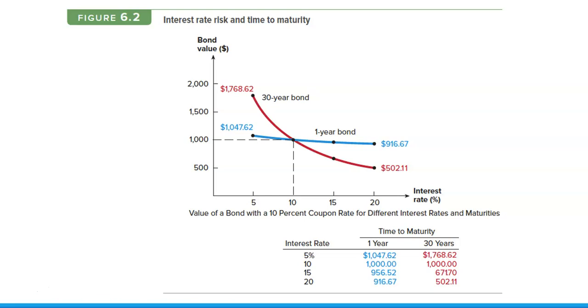You can see that the changes happen a lot more when we have a 1 year versus a 30 year. And if we're looking at interest rate going to 20% or 15%, if the market interest rate would increase greatly, then we would have a significant amount of risk involved with that.